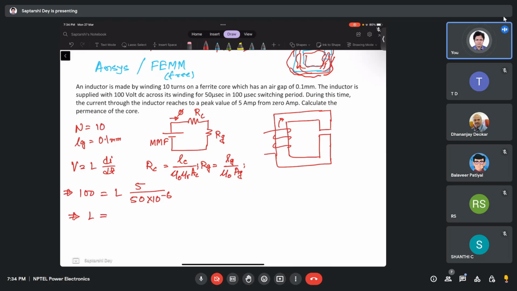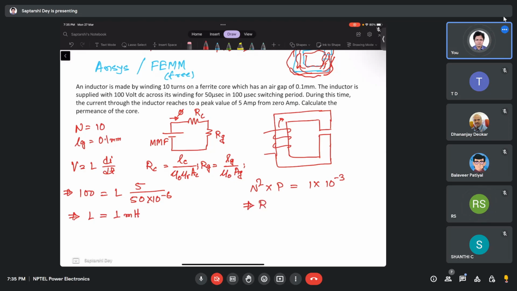From here we have to find L. So what is L? L is 100 times 50, 10 to the 6, 1 by millihenry. 5.1 millihenry. Now L, we have n squared times permeance is 1 millihenry.